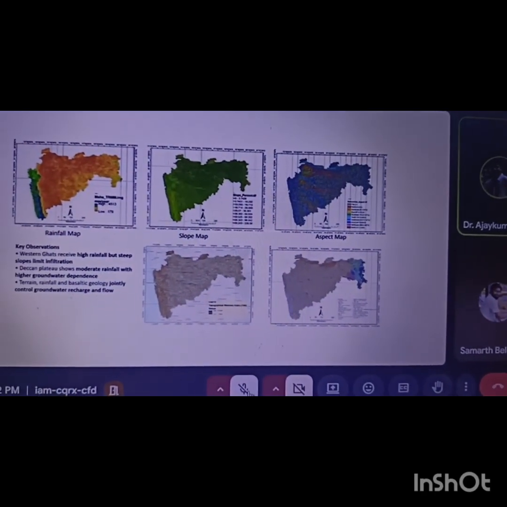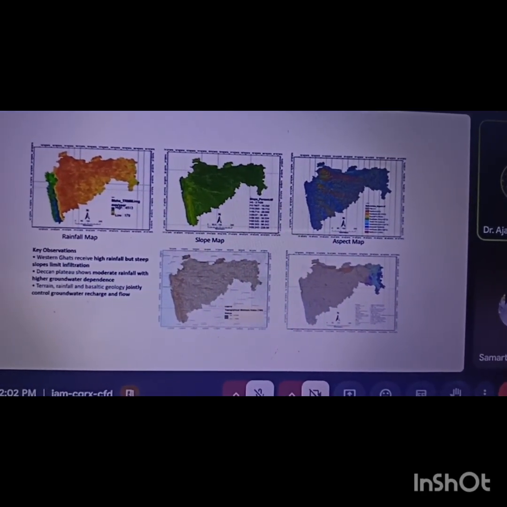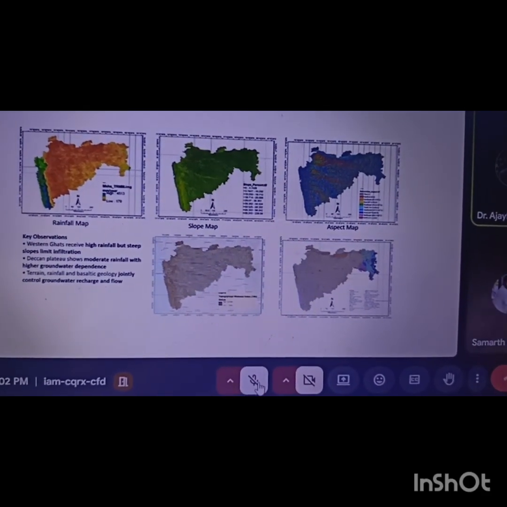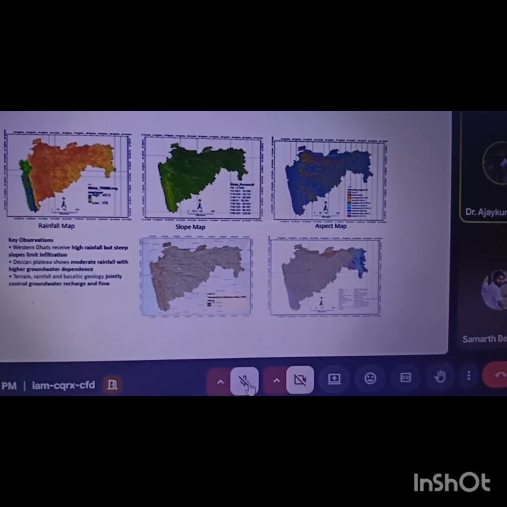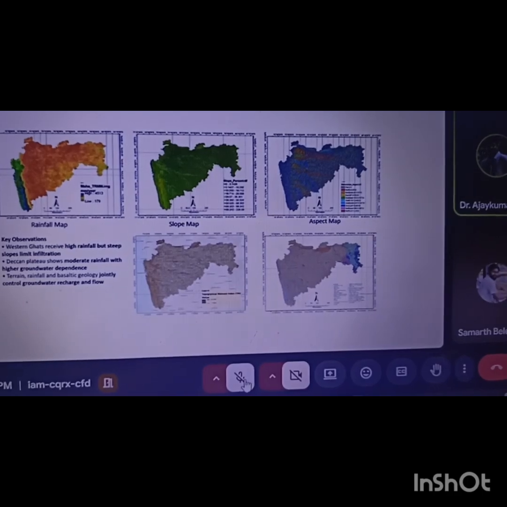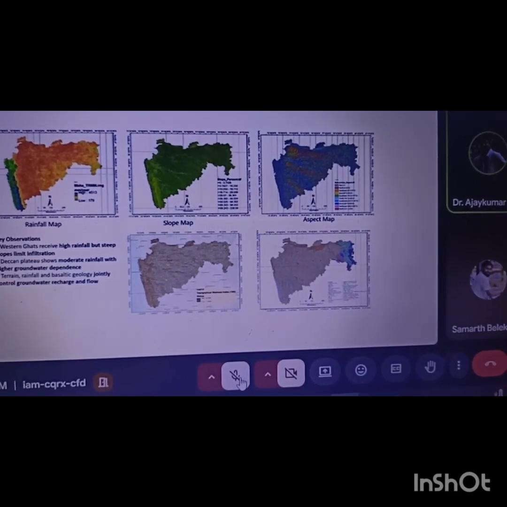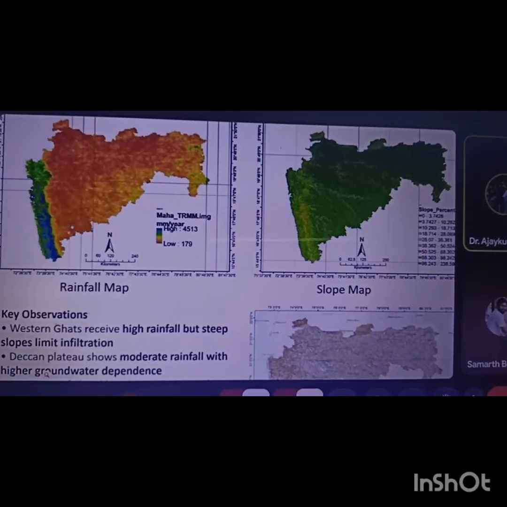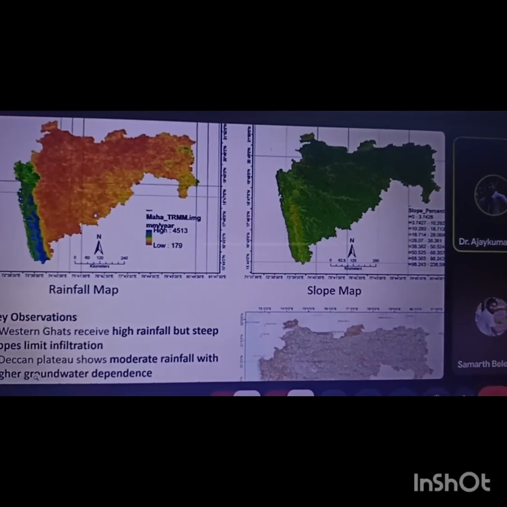The next thing is that, as I previously said, we have used different data sets for Maharashtra. The first data set that we are presently working with is the GRACE TRMM data, that is Tropical Rainfall Measuring Mission data.